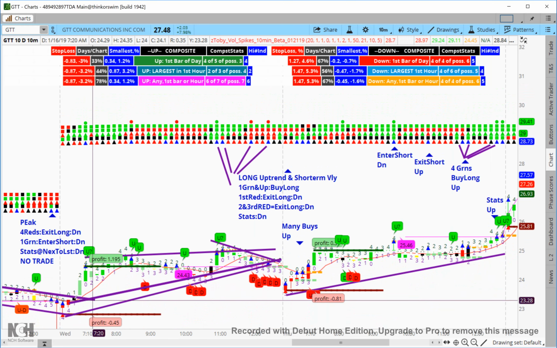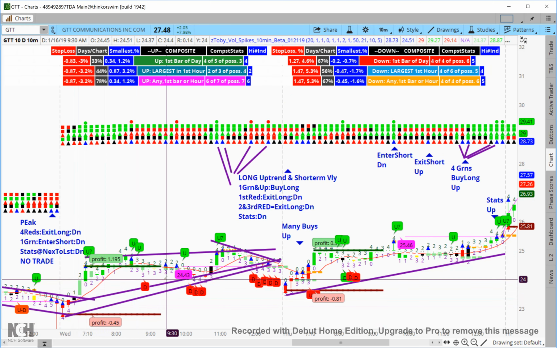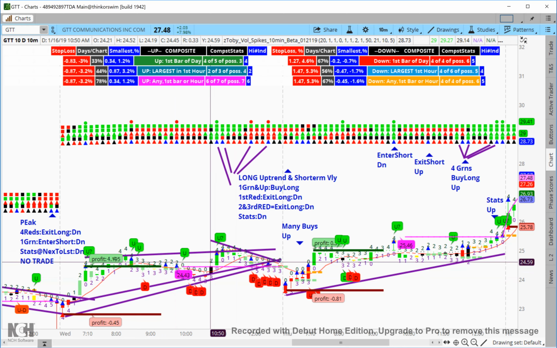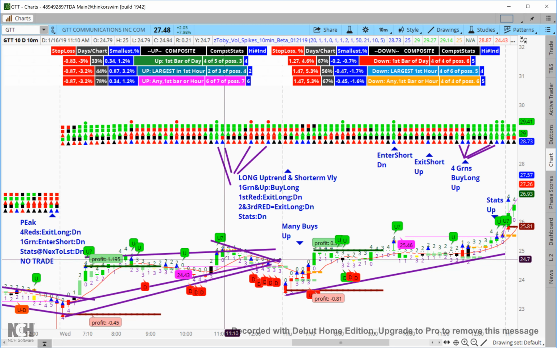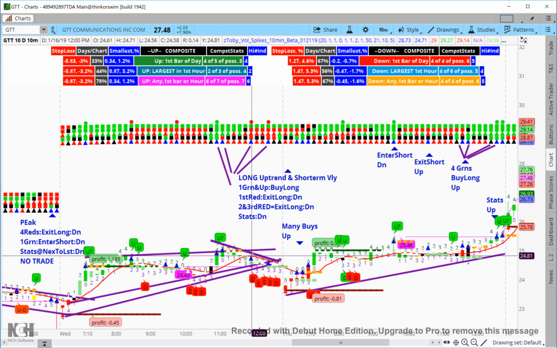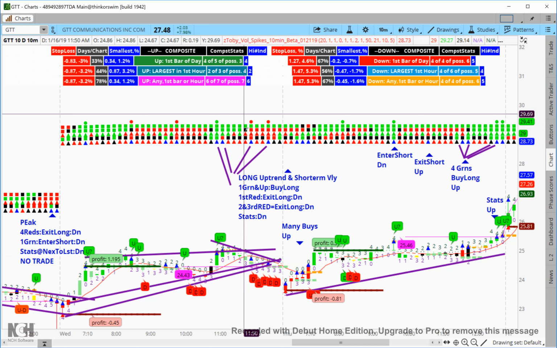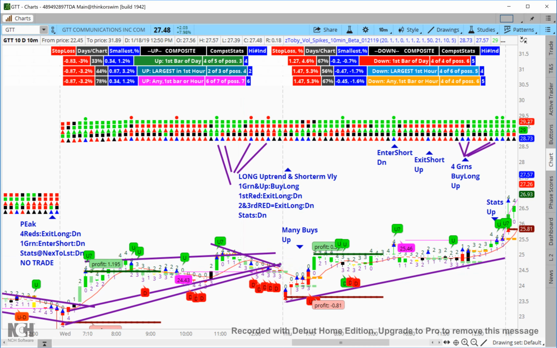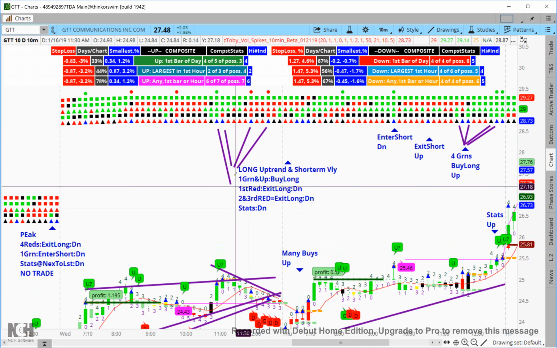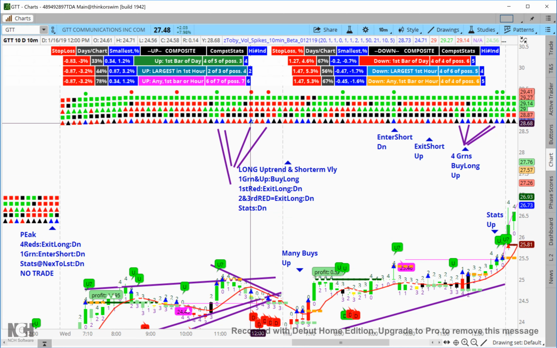Why can they exit long? Because people have been buying here and buying here and buying here, right? So they've done the second exit. Here they're exiting long, and now we're coming along and we see another red.